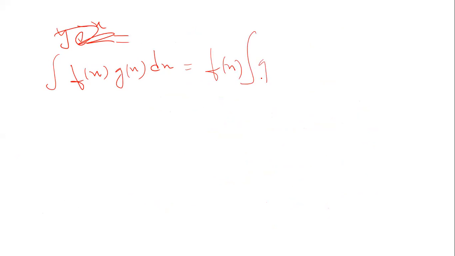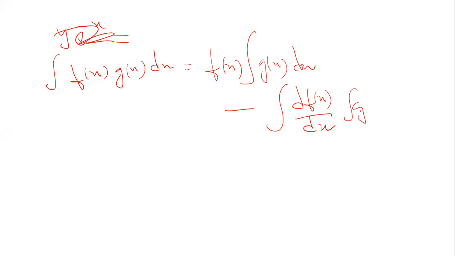Integration by parts was something like this: integral of f of x g of x dx will be f of x into integration of g of x dx, minus integral of differentiation of the first function into integration of the second function, and the whole term you have to integrate, something like this.